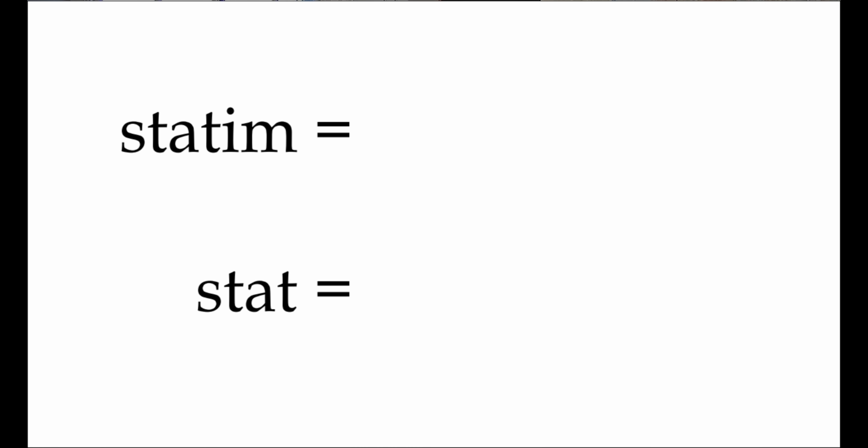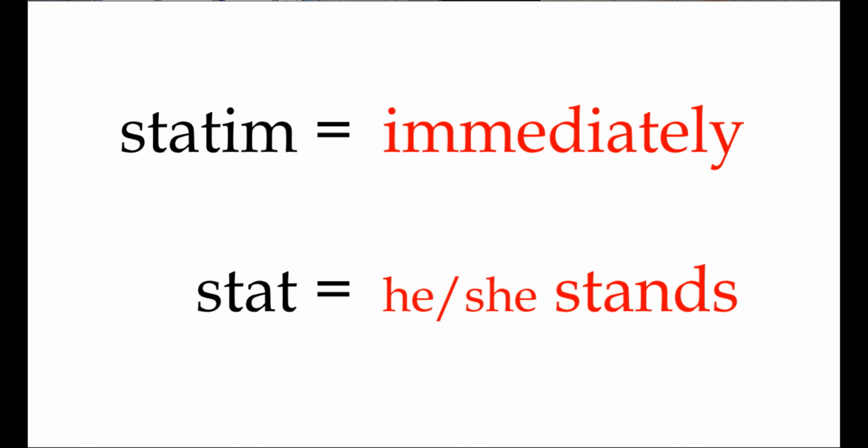Statim and stat. Statim, immediately. It's an adverb, it's not a verb, it just sits on its own, and it just means immediately. Stat means he or she stands. So it comes from the verb sto, stas, stat, stamus, statis, stand.